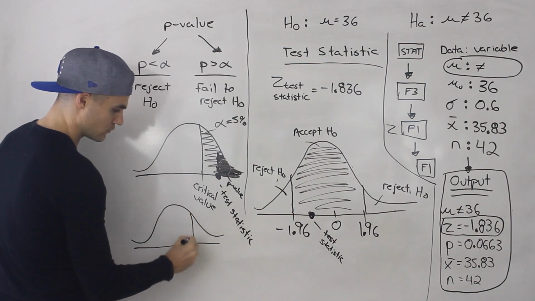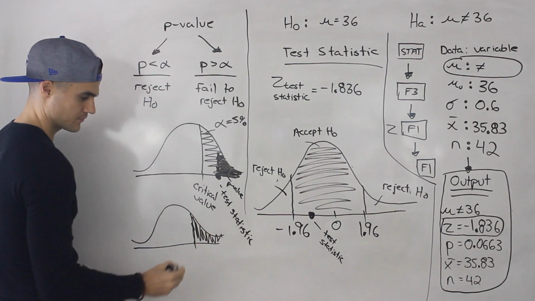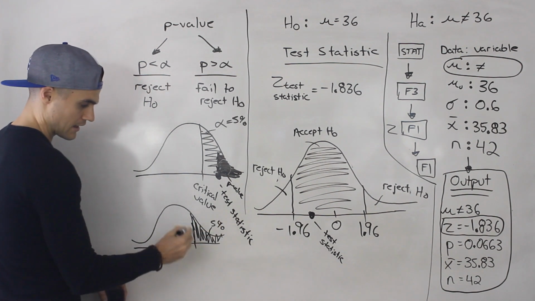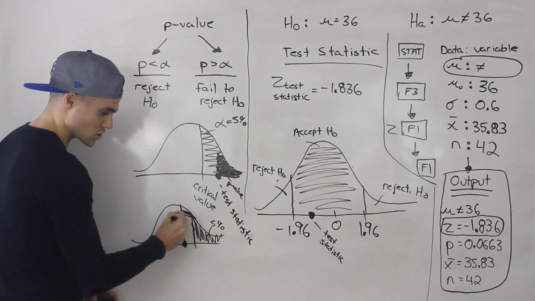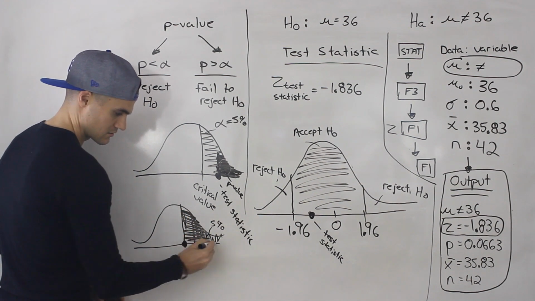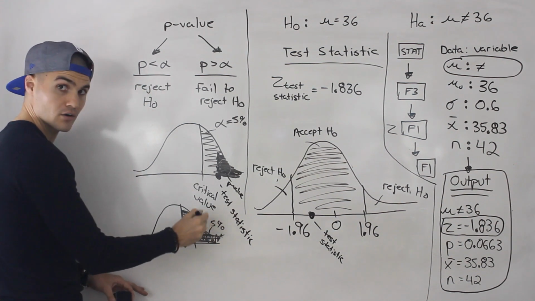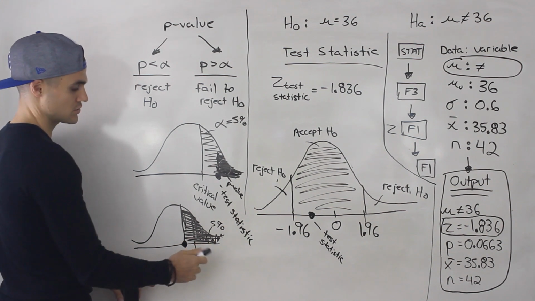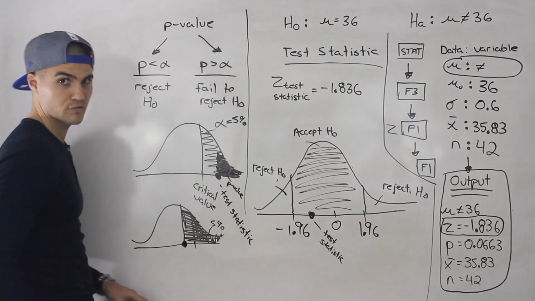Well, if we have a critical value and then this here is the rejection region, again, let's say that the significance is 5%. Then we get a test statistic here. Notice that the p-value is all of this, right? So notice that the p-value is greater than 5%. And so notice that it's not in that rejection region. That's why when that p-value is greater than the significance level, we fail to reject it.